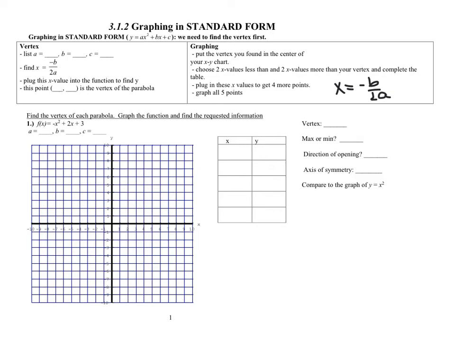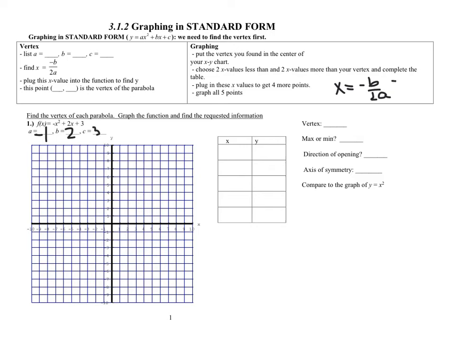So from this equation, a is equal to minus 1, b is equal to 2, and c is equal to 3.